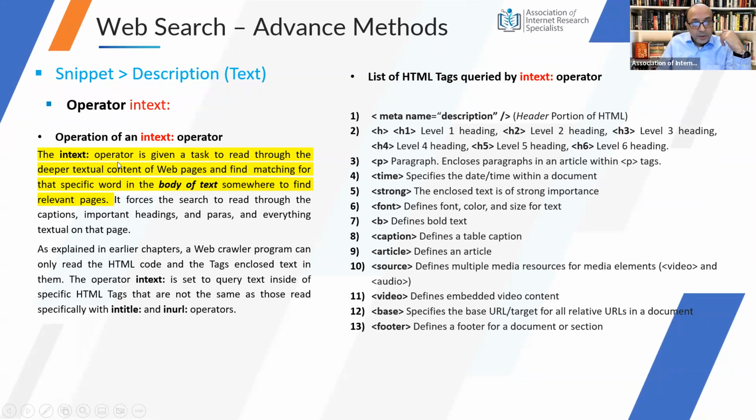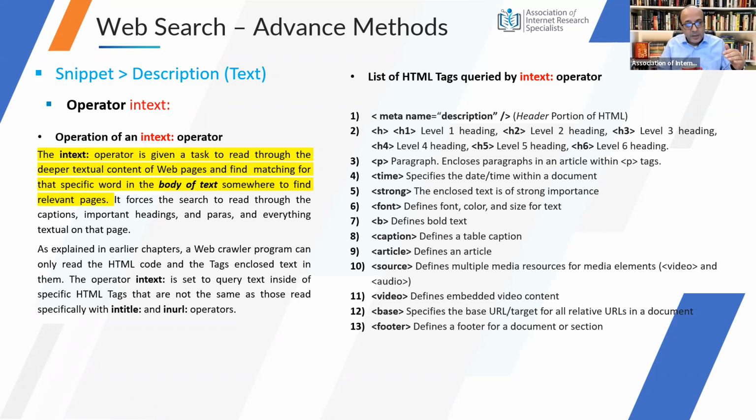By definition, what is highlighted here is telling you what this in-text operator will do. It is given a task to read through the deeper textual content of web pages and find a match for specific words in the body of text. Body of text is what we'll be using more often. It encompasses all of this information inside of non-meta text, as well as covers a large portion of the page content, which is textual mainly, and includes the footer part, where you have other bits of information as well.